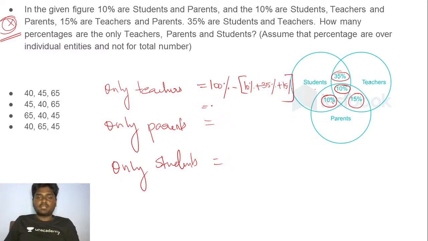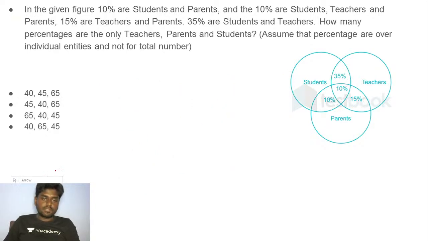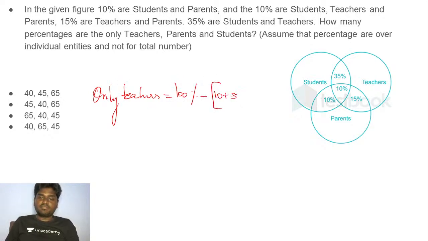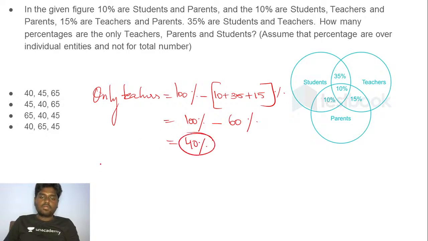So we'll be getting what actually? The percentage of only teachers is going to be 100% minus 10 plus 35 plus 15, all in percent, right? If you do this, 100% minus 60, it's going to be 40%. 40% are the number of only teachers.